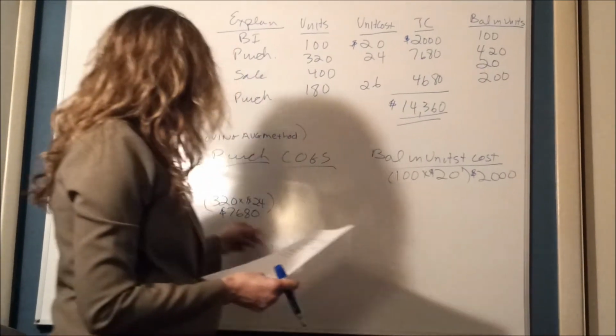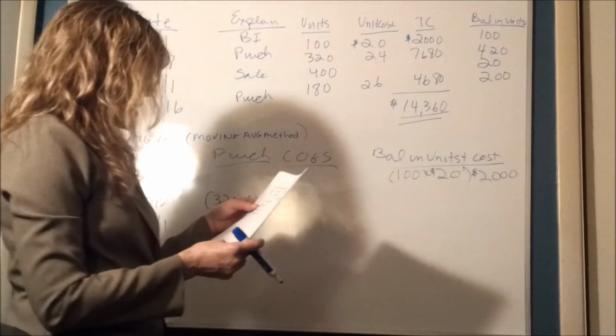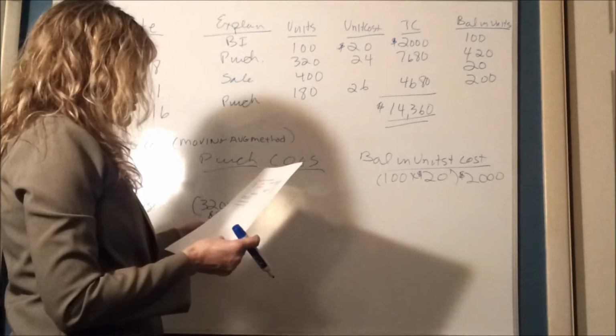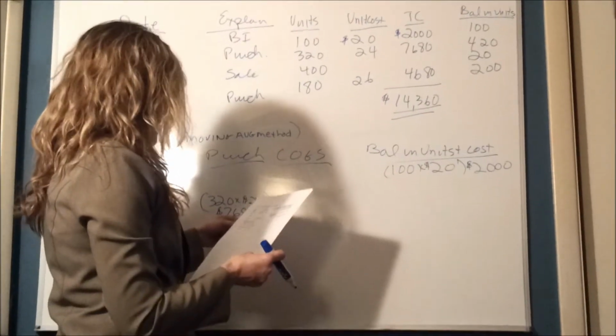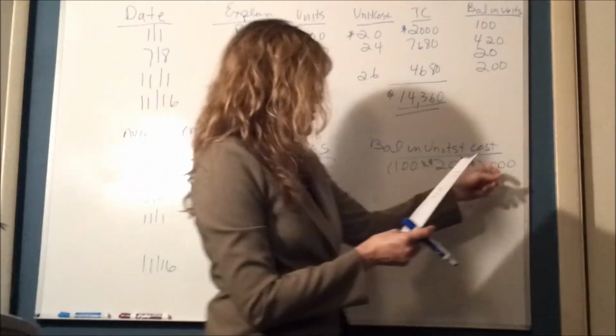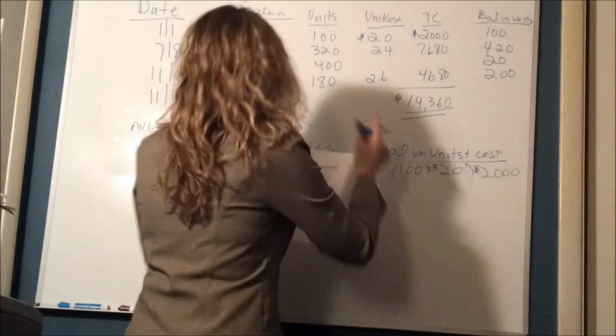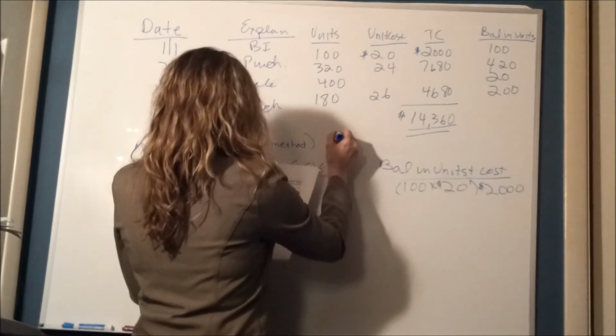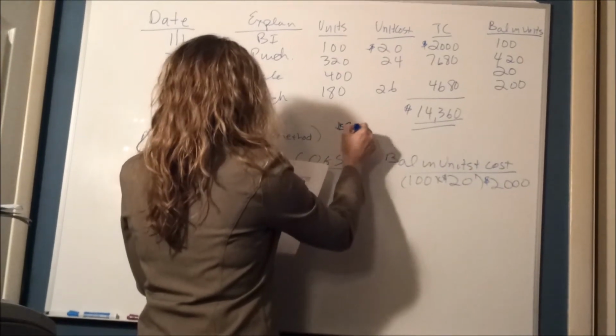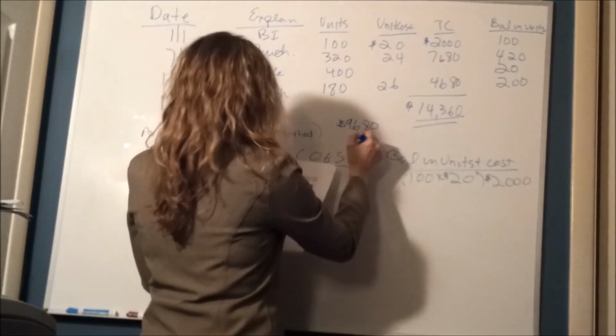Now we're going to sell something, but before we do that, we want to look at our balance in units and costs. So the way we're going to determine this is we need to look at our total inventory amount. Well, we have $7,680 and $2,000. So our total amount of inventory is $9,680.